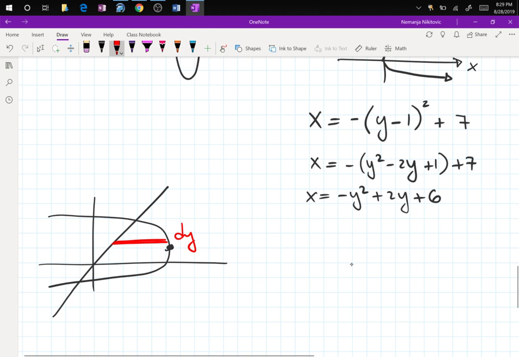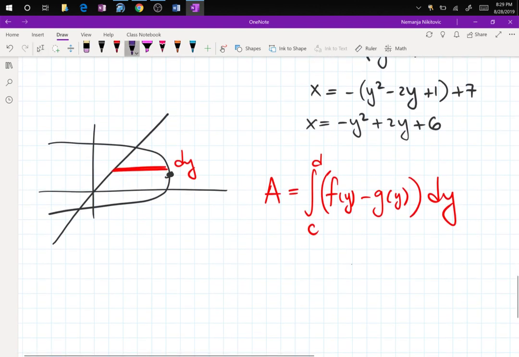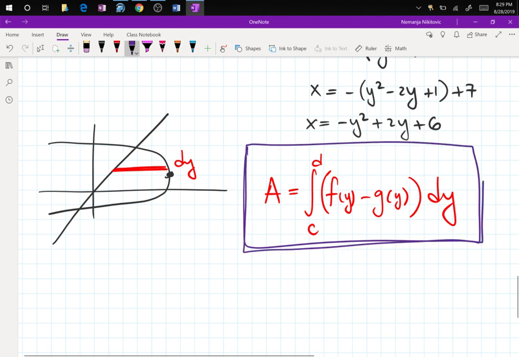And if there is justice in the world, which never is, the integral from c to d of f of y minus g of y dy. This would be the formula for the sideways calculations. And now, instead of having top minus bottom, like we had before, you have right minus left.